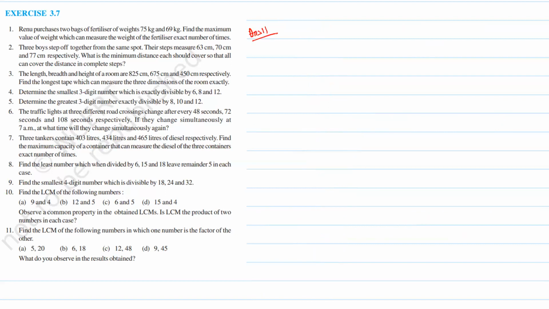Answer 11. Find LCM where each one is a factor of the other. So 5 and 20. 5 fours are 20, so LCM is coming out to be 5 into 2 into 2, which is 20.